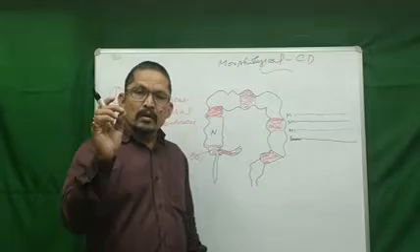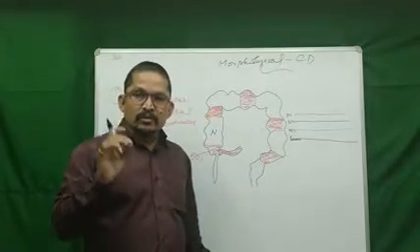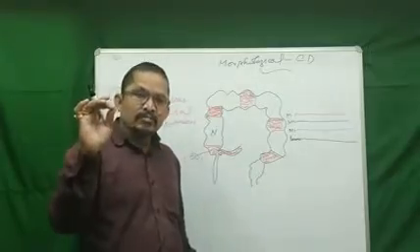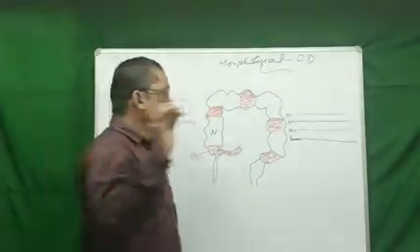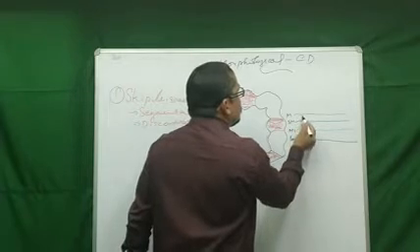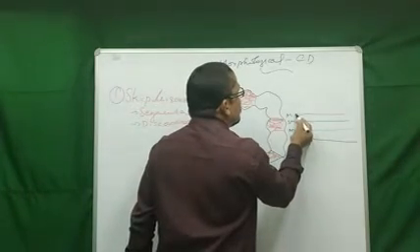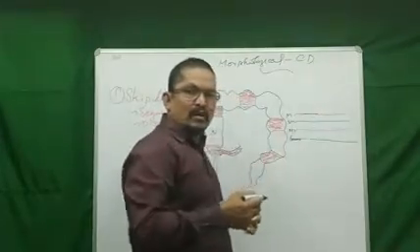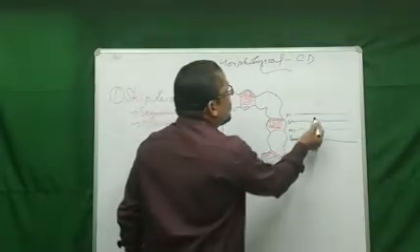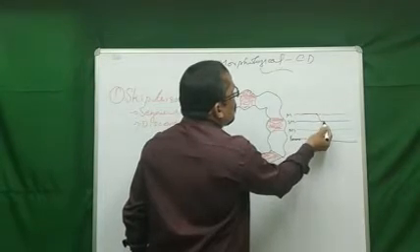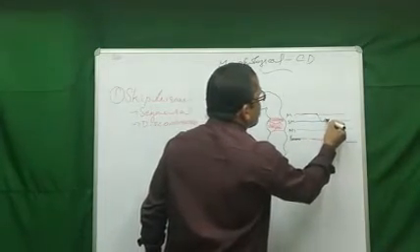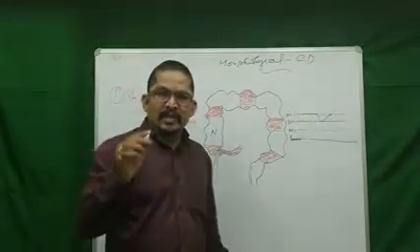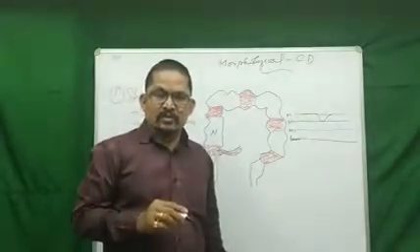In ulcerative colitis, usually the erosion or inflammation or ulceration is limited to the mucosal level, or it may spread up to the muscularis level. It is the usual presentation in ulcerative colitis.